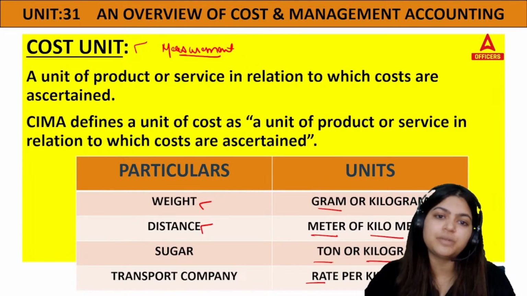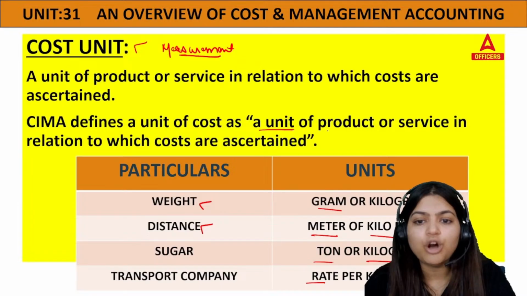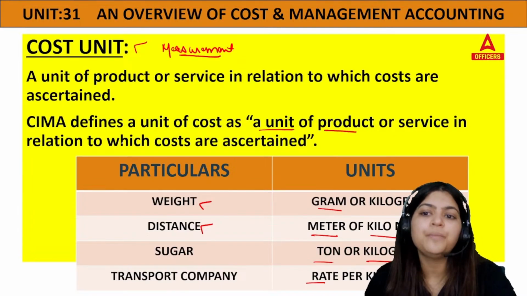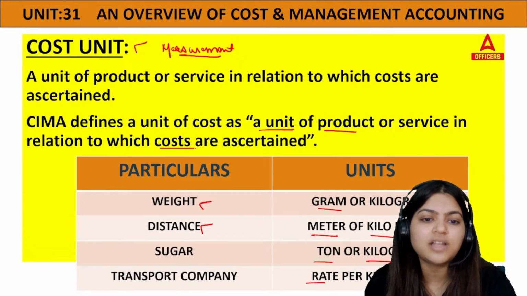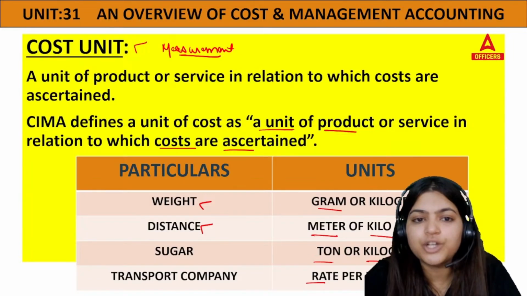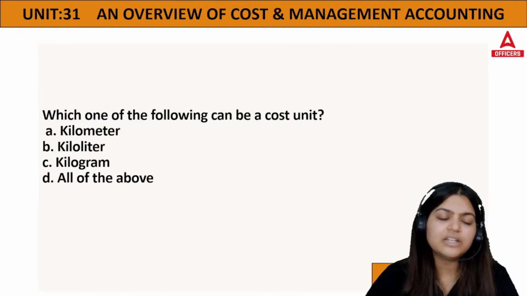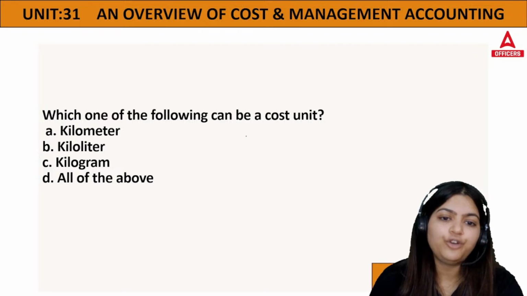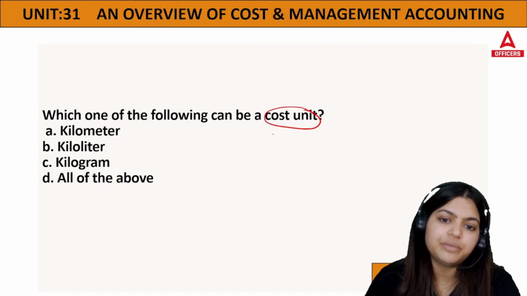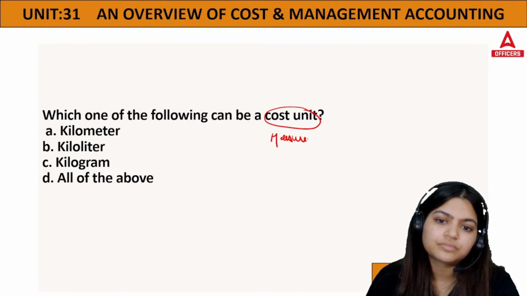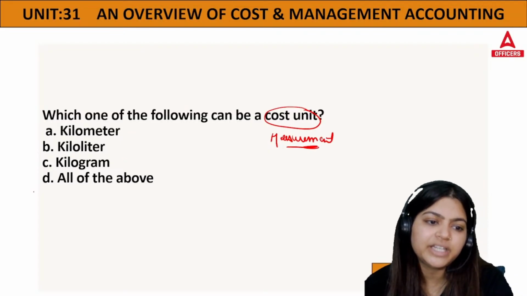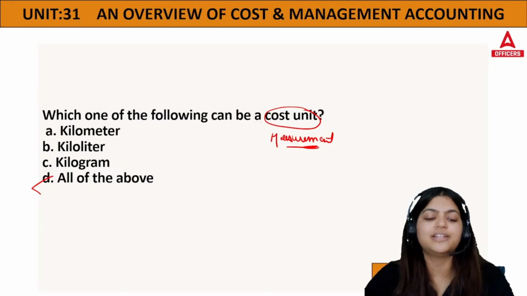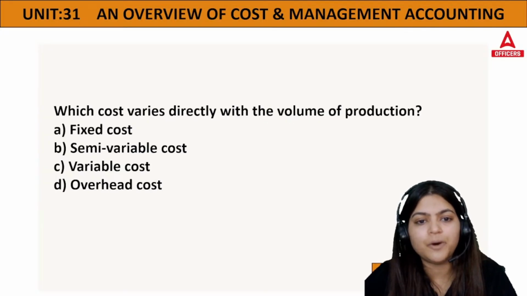That is your measurement unit: a unit of product or service in relation to which costs are ascertained. So which one of the following can be your cost unit? Kilometer, kiloliter, kilogram. D, all of the above. The correct answer is D, all of the above.